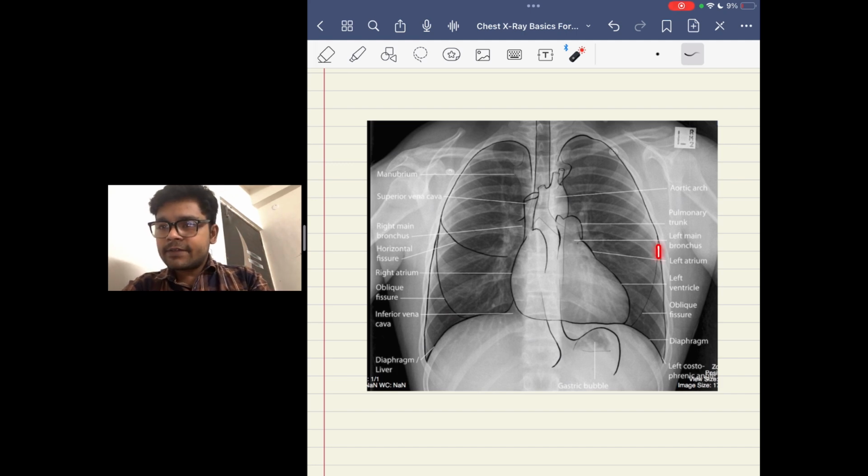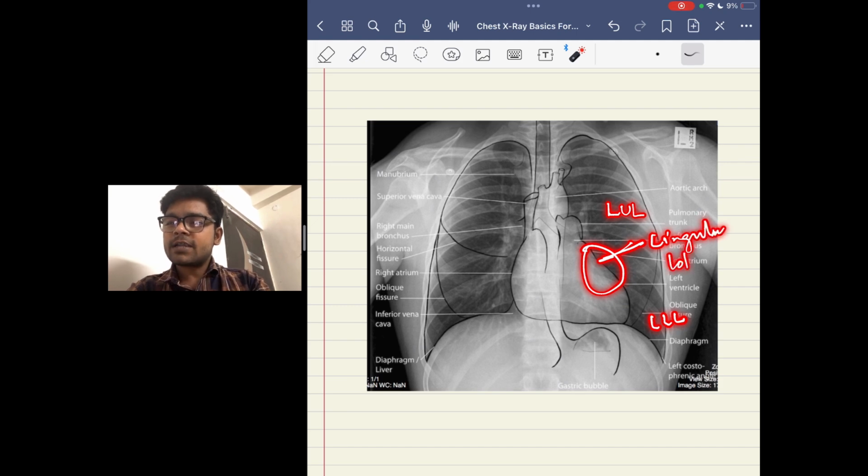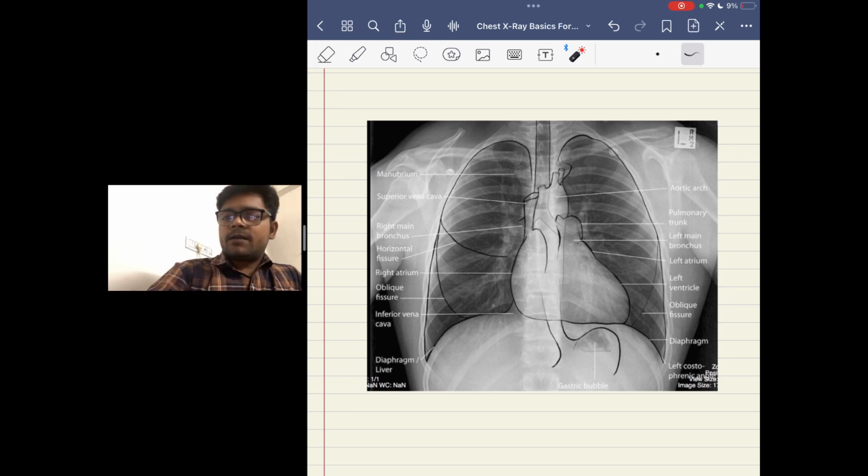And in the left lung, there is no middle lobe, rather there is a left upper lobe and a left lower lobe. Somewhere here is the lingular lobe, which is a part of the left upper lobe. So in the right lung, you have 3 lobes divided by 2 fissures.